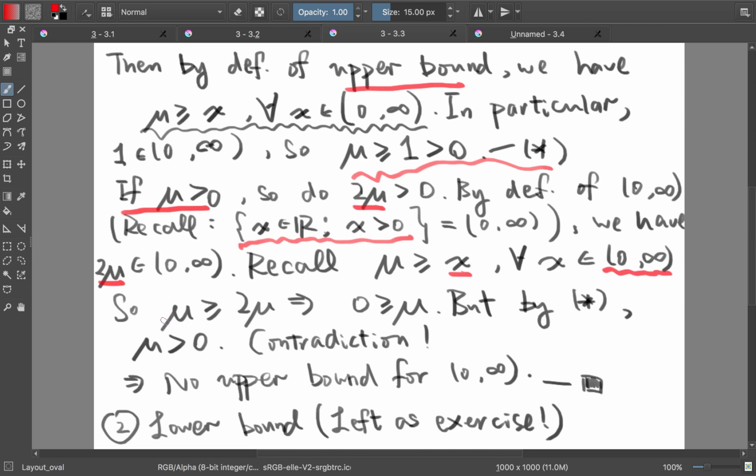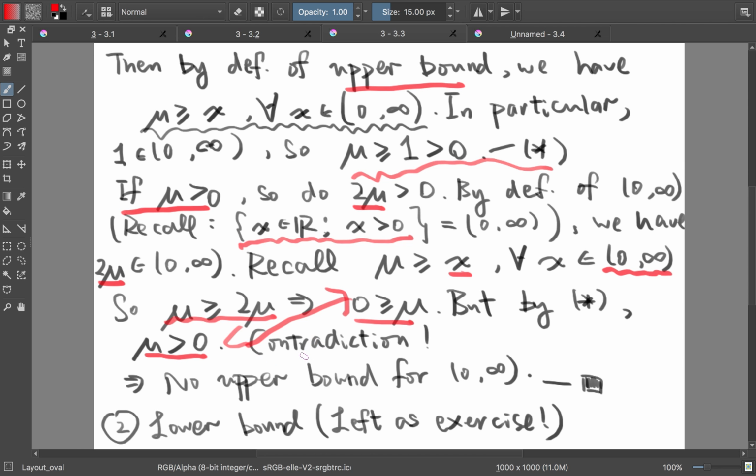But if we get this inequality and we subtract mu from both sides, we get 0 is greater than or equal to mu. But remember, we have marked a star here. We said that mu is greater than 0. So these two statements are contradictory. And so what can explain this contradiction?